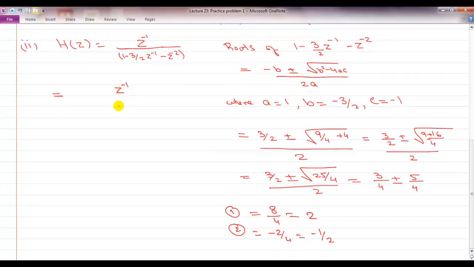So it's z to the minus 1 over 1 plus 1 half z inverse times 1 minus 2 z inverse.